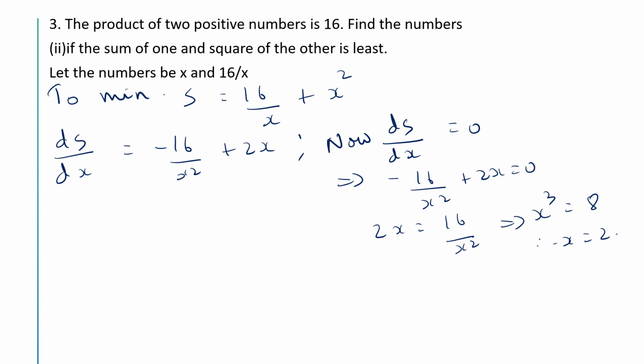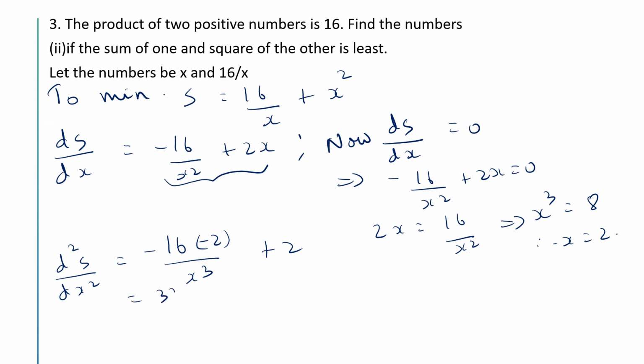Now let us find d square s by dx square. So it is equal to minus 16 into minus 2 by x cube plus 2. I am differentiating this with respect to x. So it is 32 by x cube plus 2.